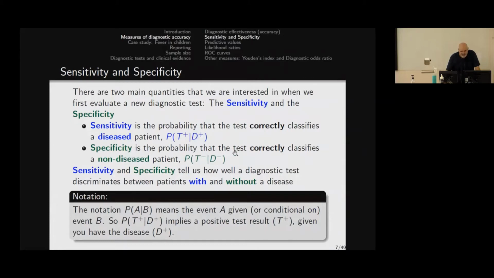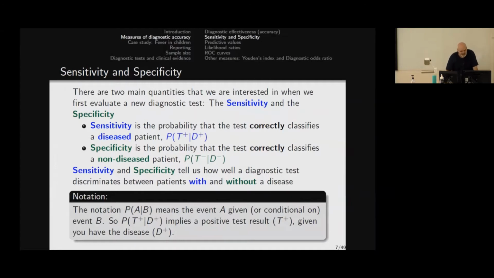Specificity is the probability that the test correctly classifies a non-diseased patient. So the probability that you get a negative test result given you don't have the disease. So sensitivity and specificity tell us how well a diagnostic test discriminates between patients with and without the disease.